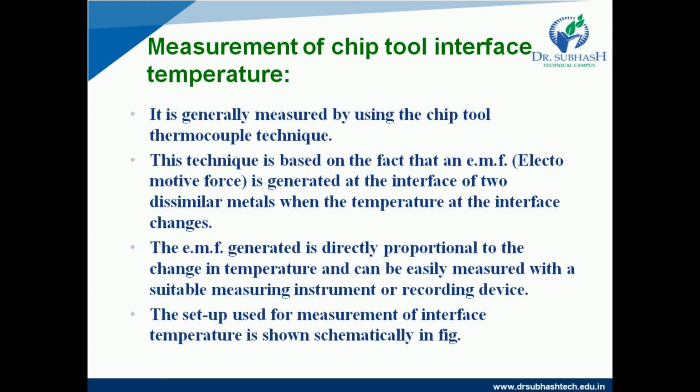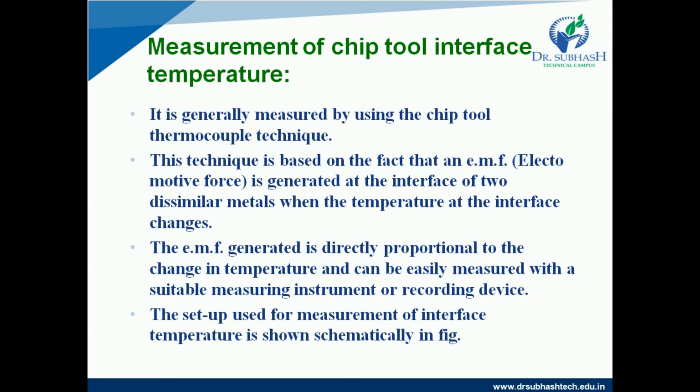In that, the EMF in a thermoelectric circuit depends only on the difference in temperature between the hot junction and the cold junction, and is independent of the gradients in the parts of the system. So the electromotive force generated is independent of the size and the resistance of the conductors.